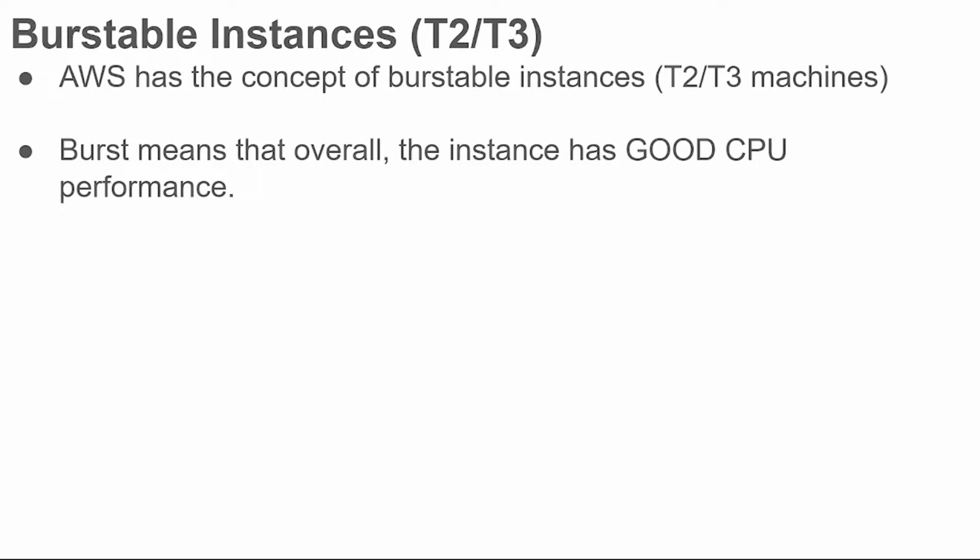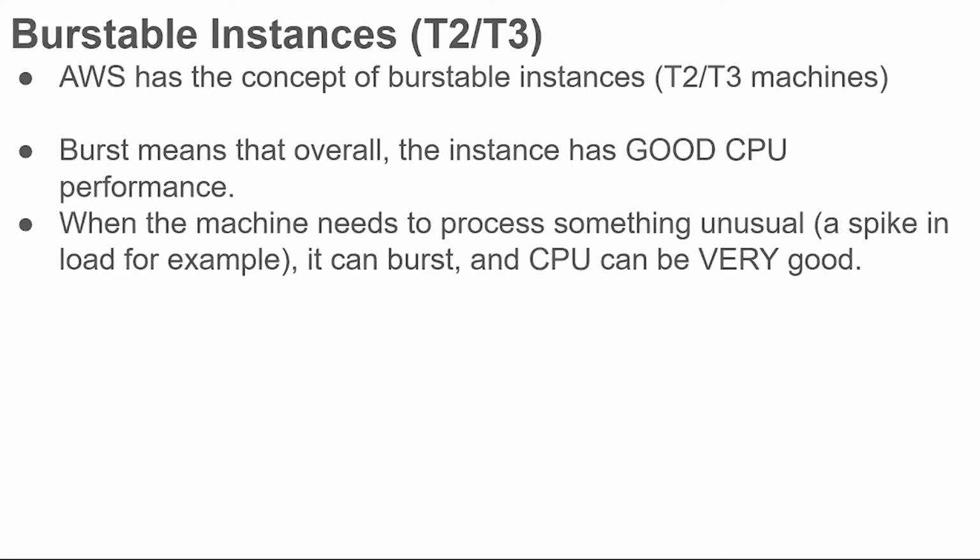So burst means that overall the instance has good CPU performance. If your instance is getting burst, then your CPU will have good performance. And when does it burst? Suppose the machine needs to process something unusual or unpredictable, like a spike in load.